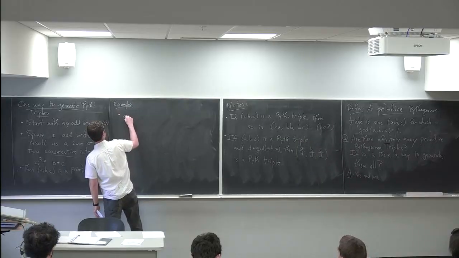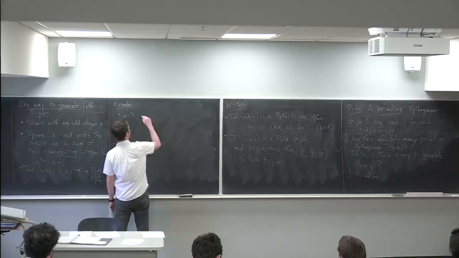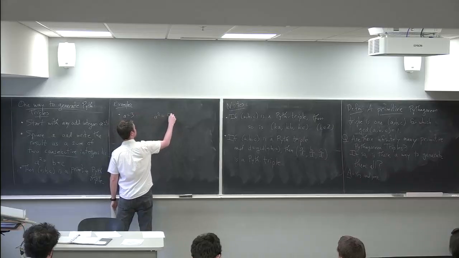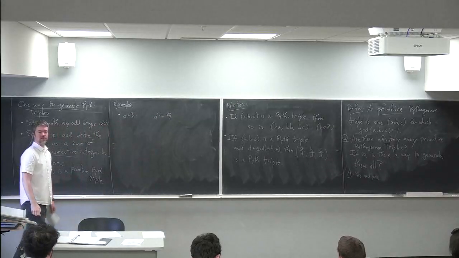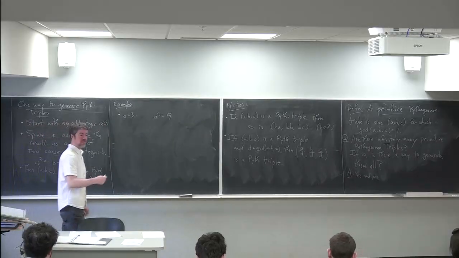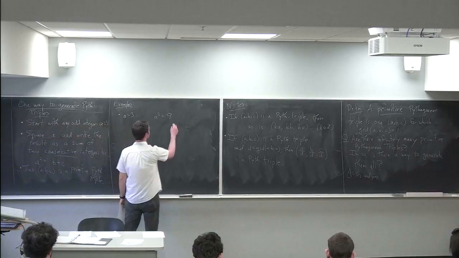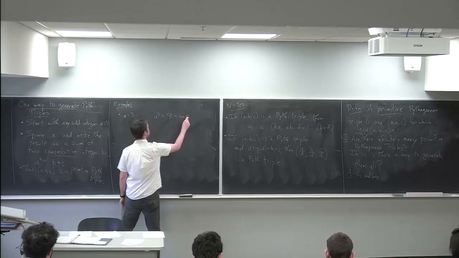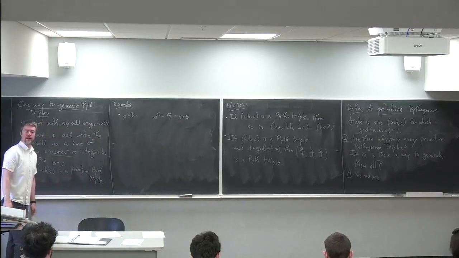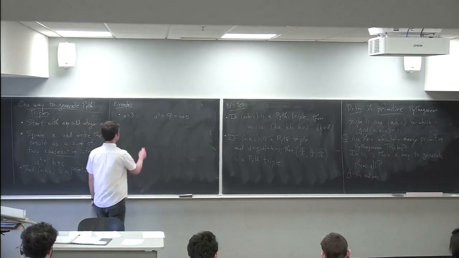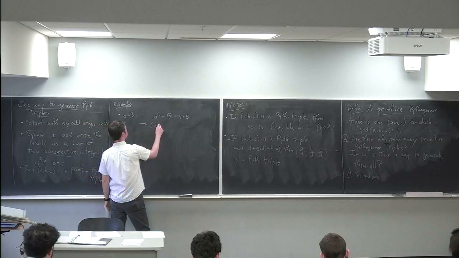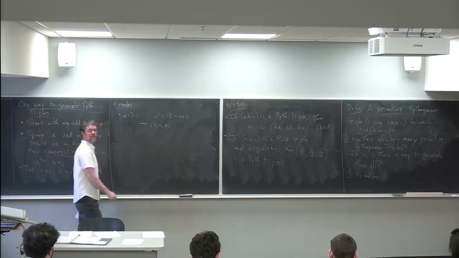First example to consider, if a is 3, right, then a squared is 9. And you say, how can I write 9 as a sum of consecutive integers? And the answer is 4 plus 5. It's the only way it's going to work. Right, and so 4 and 5 will be our b and our c. And so this gives us 3, 4, 5. Okay.